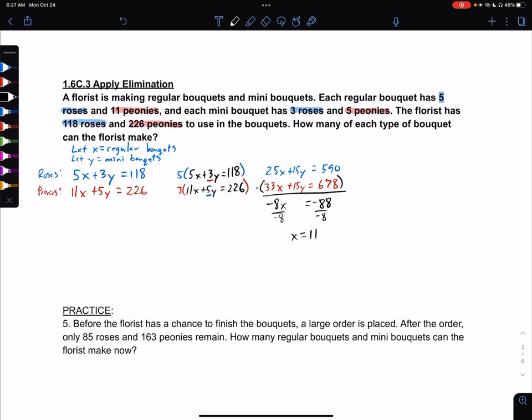So we'll get to that in a second. But let's go back to one of our equations. I'm going to choose the first one. I'm going to go with 5x plus 3y equals 118. I'm going to substitute my x value in, and I will solve for y.